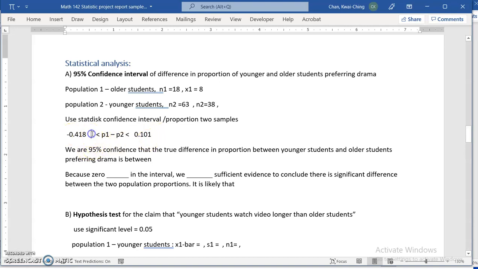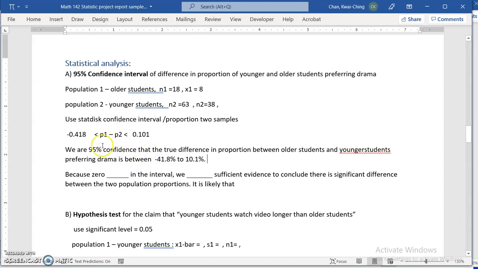So these are the numerical output, but we should write it down in a sentence. We are 95% confident the true difference in proportion between older and younger students preferring drama is between negative 41.8% to 10.1%.